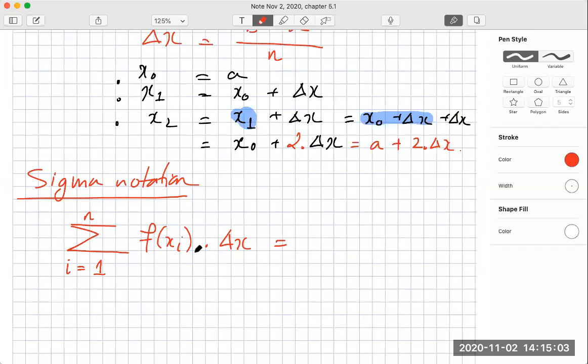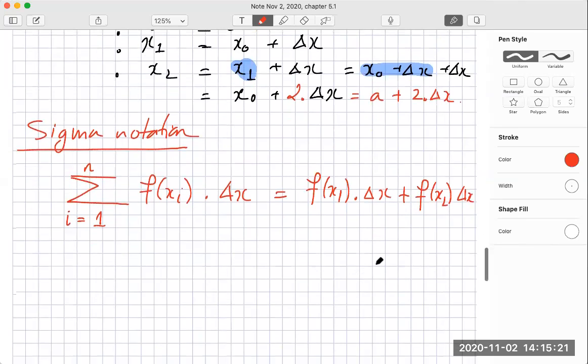It means i will run from 1 to n. And we can write it clearly as f of x1 multiplied by delta x plus f of x2 multiplied by delta x, right? Plus f of x3 delta x, etc. until f of xn delta x. Shorter to write it, okay? This is the sigma notation.